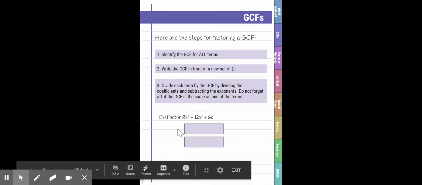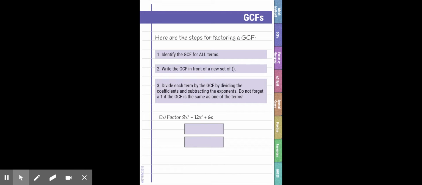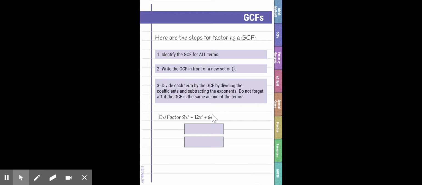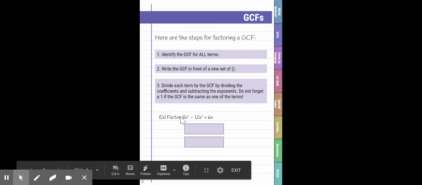So if we look at this first problem here, we have factor 8x to the 4th minus 12x squared plus 6x. When I look at these, I know that all of those numbers are even, so I have an idea that I can divide by 2. And then just in checking, if I divide 6 by 2, the only thing left is 3, and I can't divide 8 by 3, so I know I can't go any bigger than that.